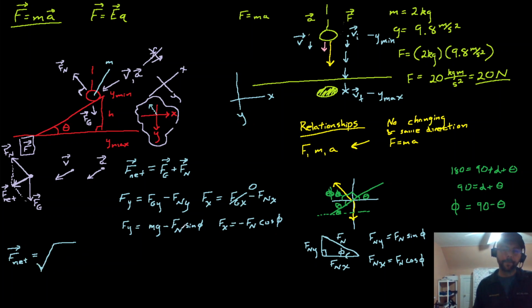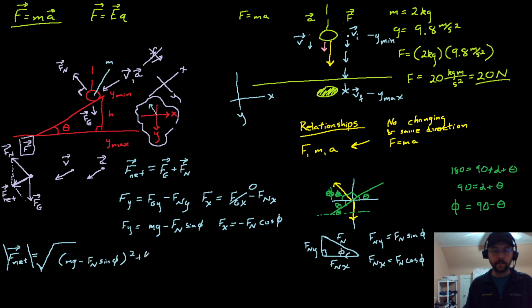Alright, so the y component, mg minus fn sine of phi, squared, plus, and this is actually the magnitude of the net force, plus negative magnitude of the normal force cosine of phi, squared, square root of the whole thing.